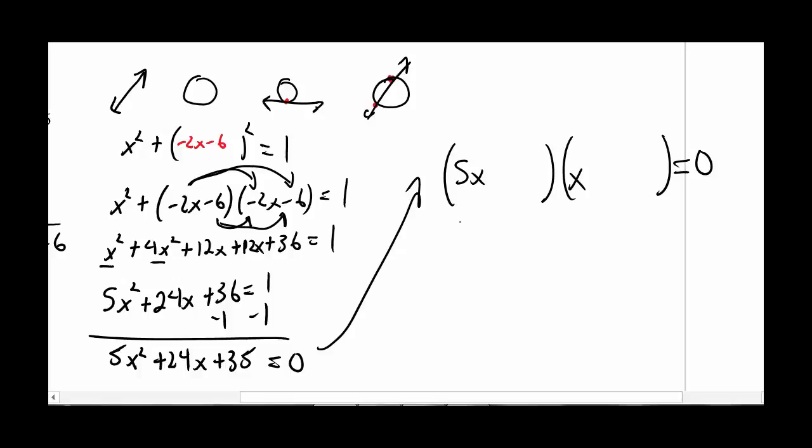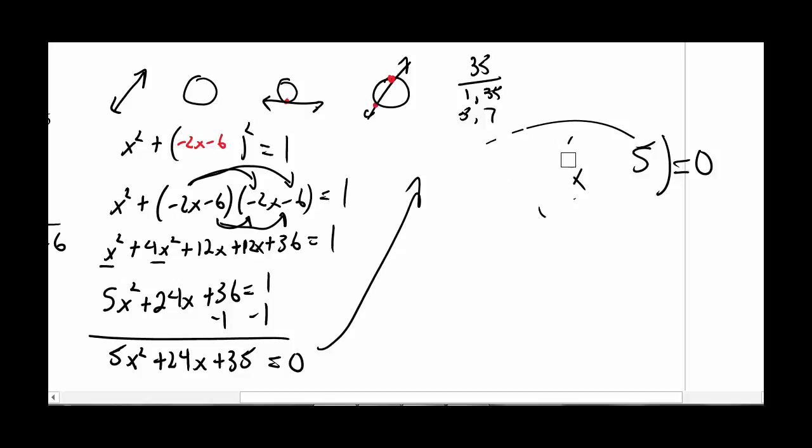Let's make a list. Yeah, 35 and 1, and 5 and 7. Okay, so as we're playing with these numbers, I can put 5 and 7 in here, so I'm going to put the 5 here and the 7 here. Now, as I try to FOIL it, just to double check that that's the right factoring pattern, I notice a slight problem. Multiply across there, I get 25 and 7. There's just no way. So this thing is not factorable.